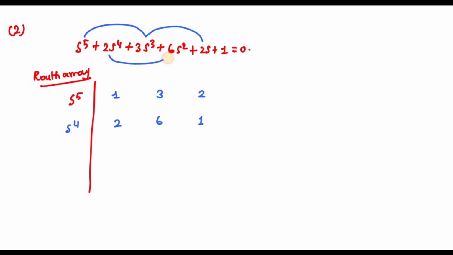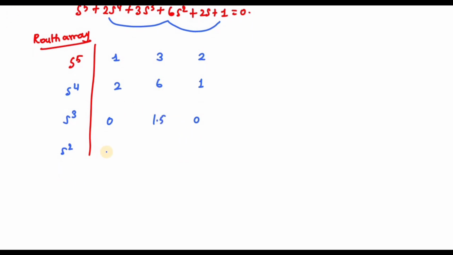Solving, the s3 coefficients are 0, 1.5 and 0. Since this s3 value is 0, s2 becomes infinity, because dividing by 0 goes to infinity.